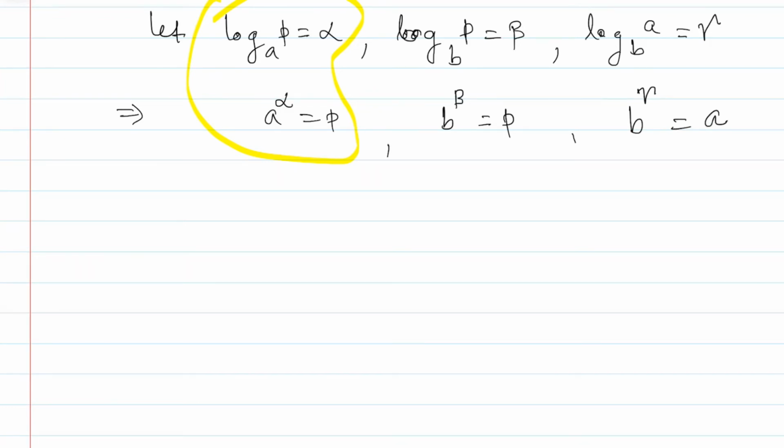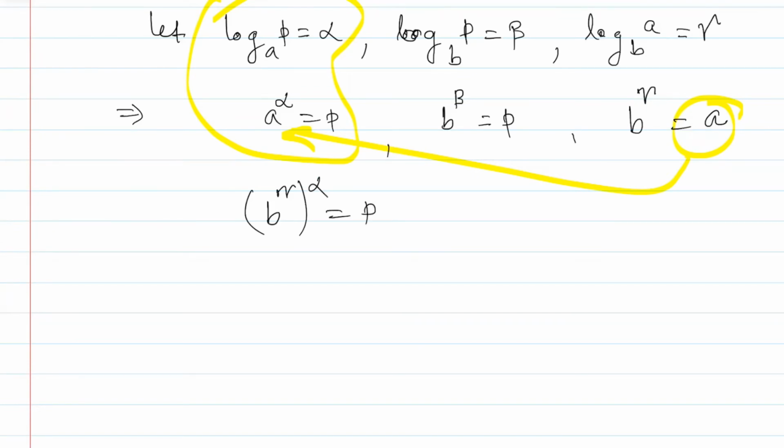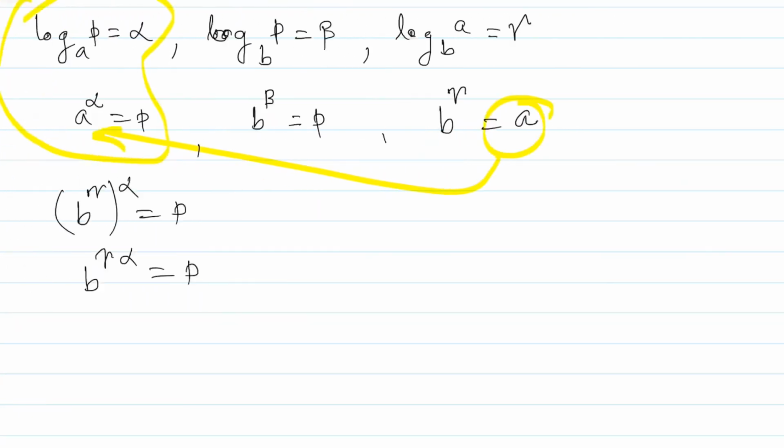Now substituting the value of a from the third one into the first, we get b to the power gamma, whole power alpha, is equal to p. That is, b raised to the power gamma alpha is equal to p.